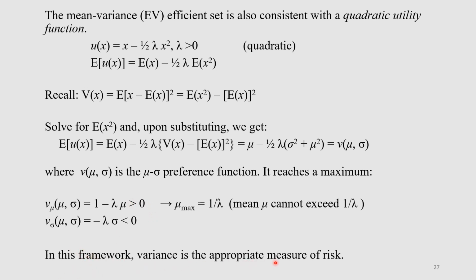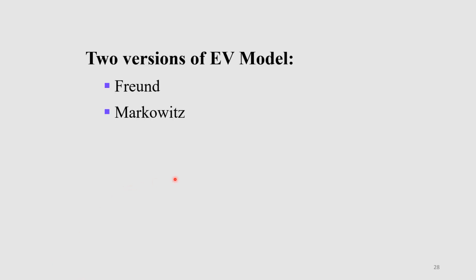And the variance has to be considered an appropriate measure of risk. Students can figure this out, but basically the point is that the mean variance efficient set is also consistent with this quadratic utility function. So we've got an exponential utility function and a quadratic utility function.